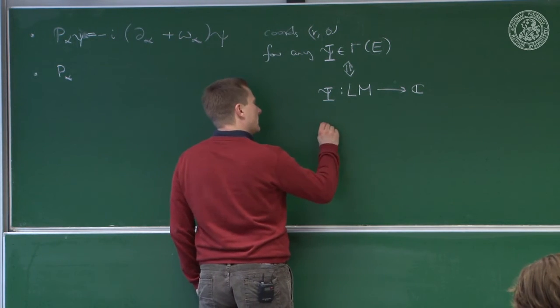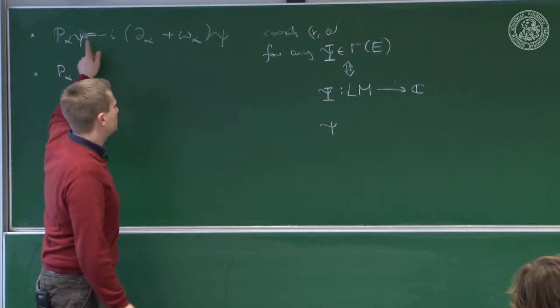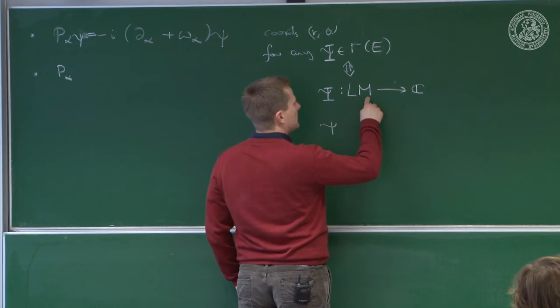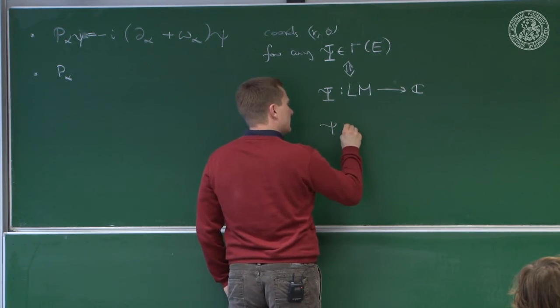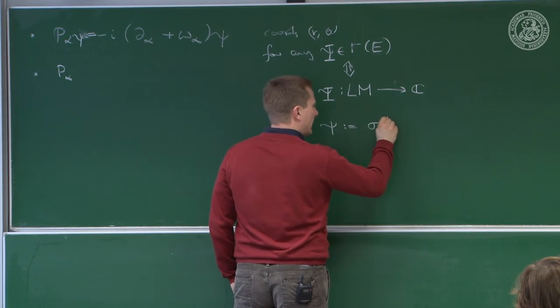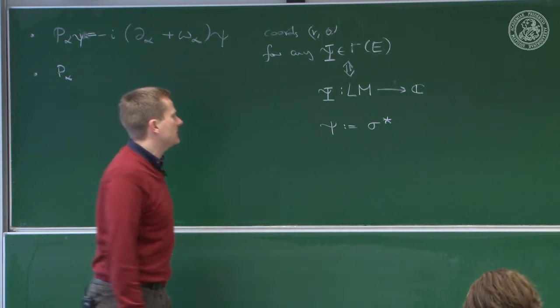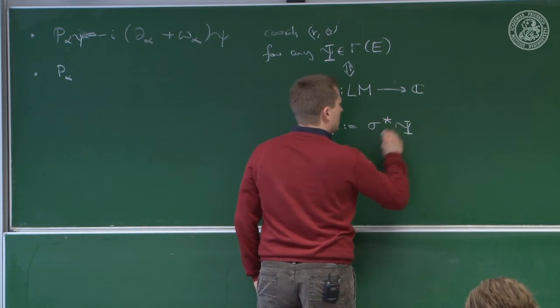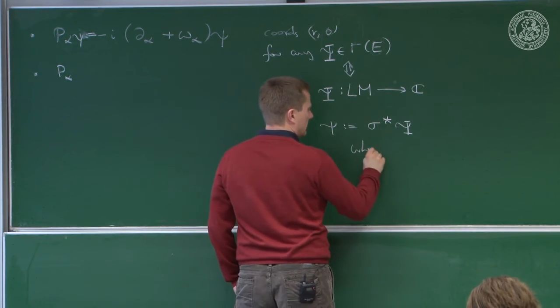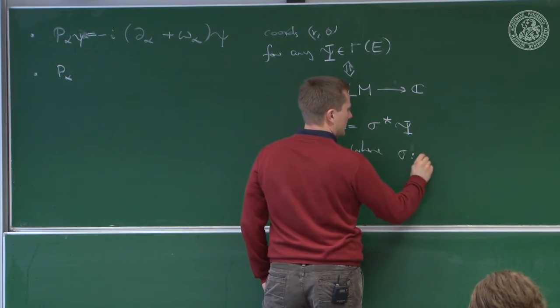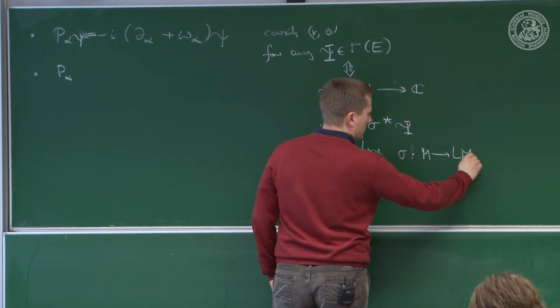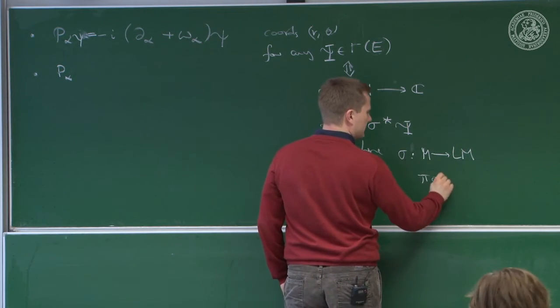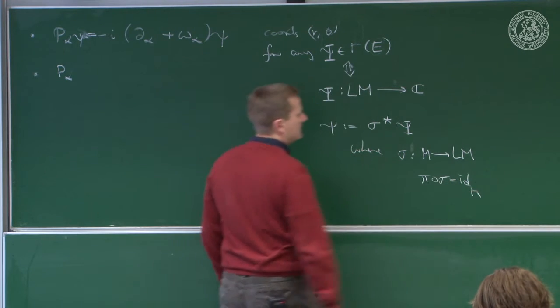And now this psi here is supposed to be the pullback under a chosen section on this principal bundle, where sigma is a section of the principal bundle. So pi after sigma is the identity on the base space.